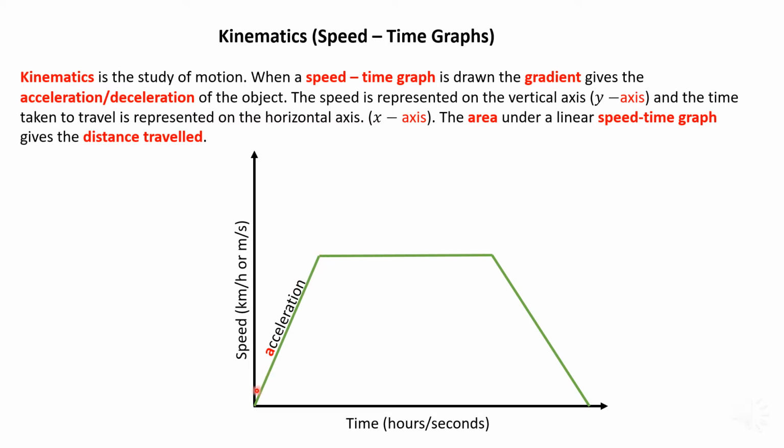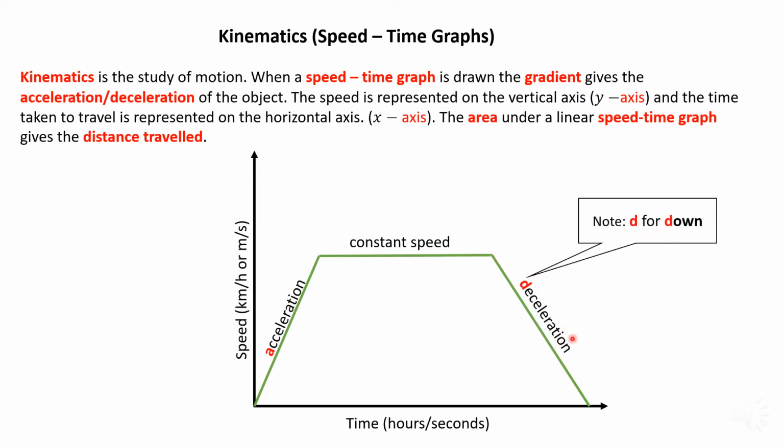The constant speed is where the gradient is equal to 0, and the deceleration tells you you are going down. That's the retardation. What you have here with a speed time graph is the area: the area under the graph is the distance, and that is how we calculate distance.